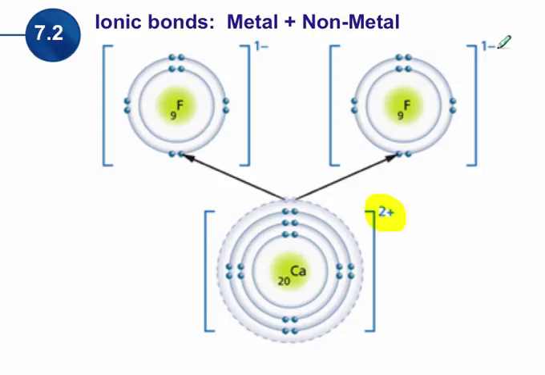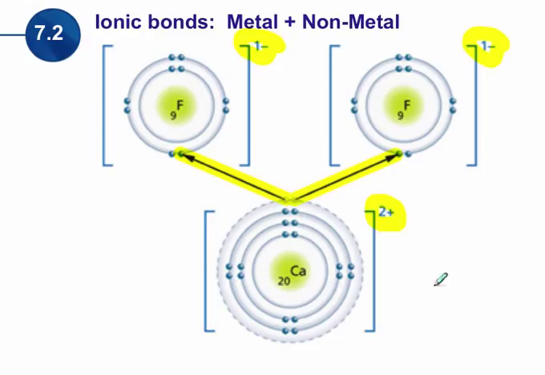Up here, we have a -1 and a -1 on the fluorine, and they would like to attract an electron. They need an electron. And so the calcium transfers an electron from one to the other, like so.